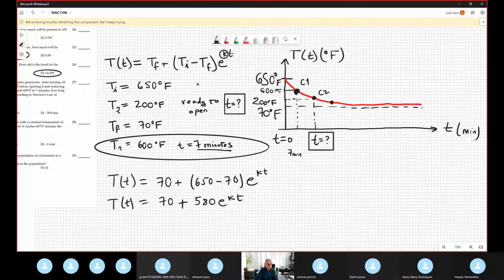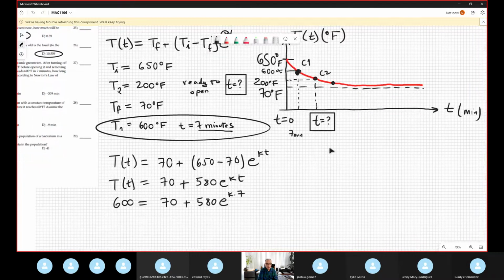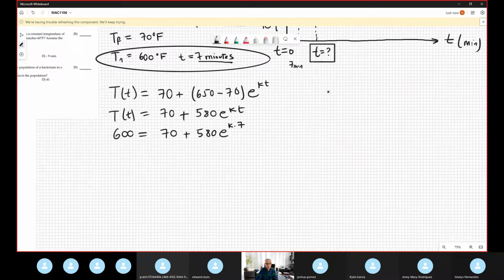Using condition 1, the temperature is 600, equal to 70 plus 580 e to the k times the time corresponding to that condition, which is 7. At this moment, we have one exponential equation, and the only unknown is k.